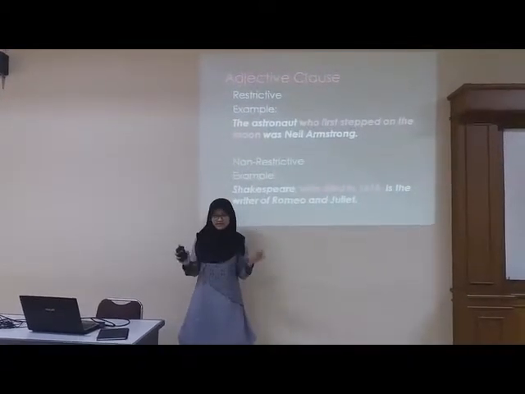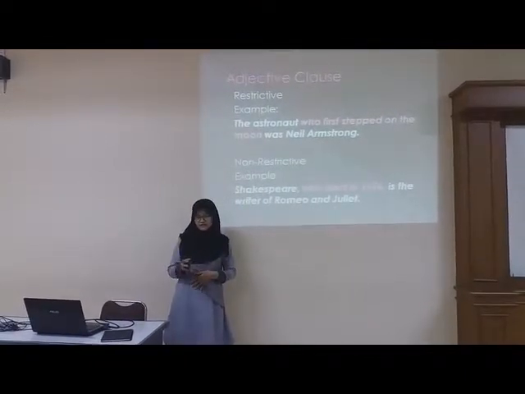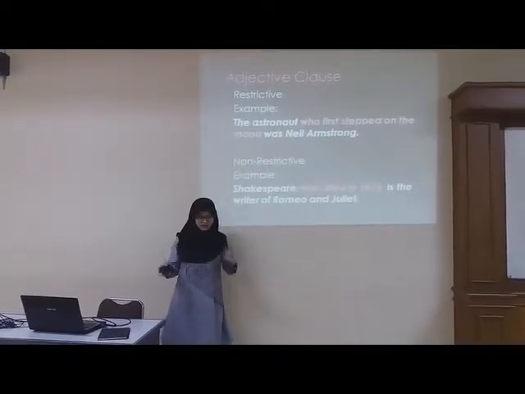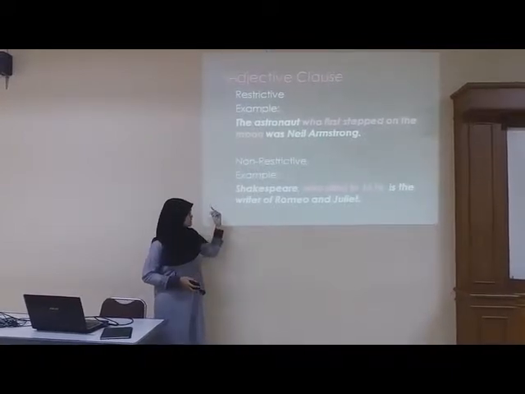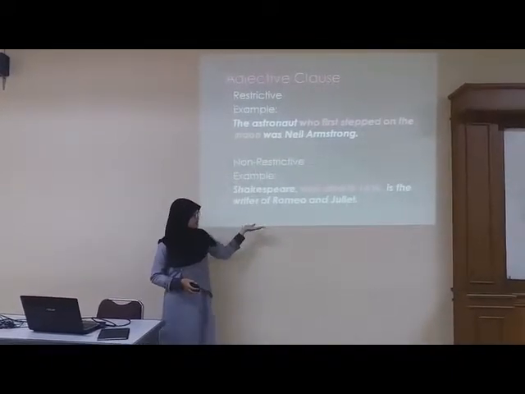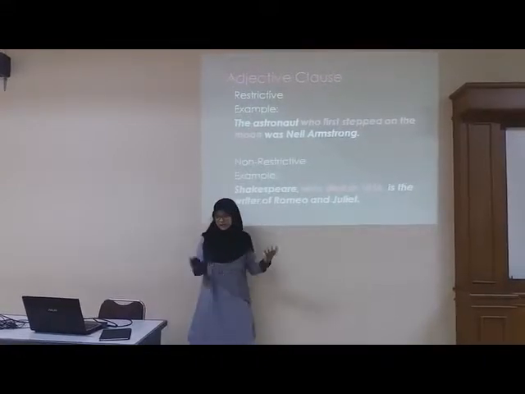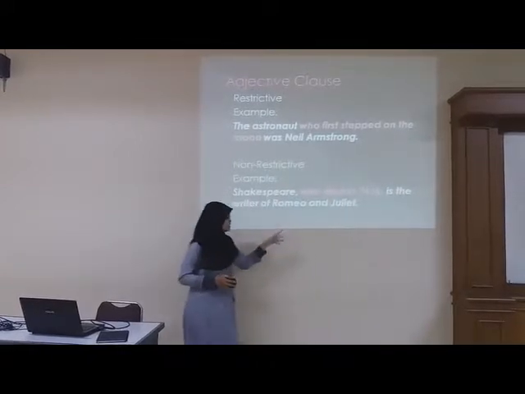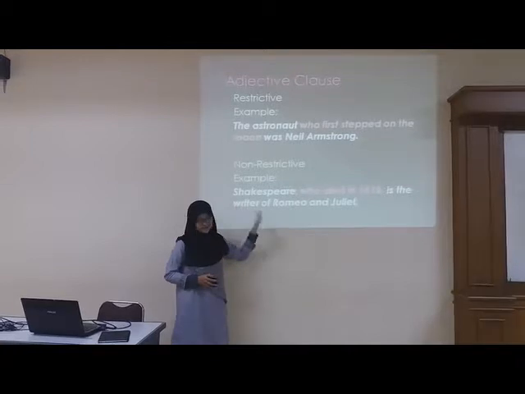It is important information that cannot be removed from the sentence, or else the sentence will change meaning. And for the non-restrictive clause, it is Shakespeare, who died in 1616, is the writer of Romeo and Juliet. So if we remove these clauses, we still get the whole meaning of the sentence.